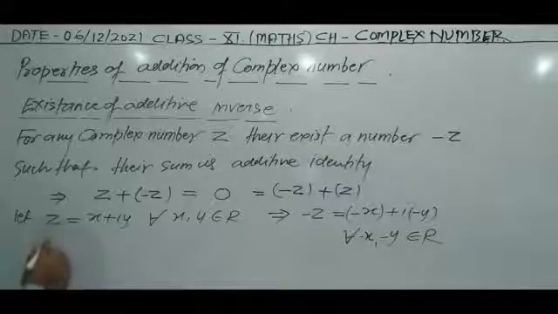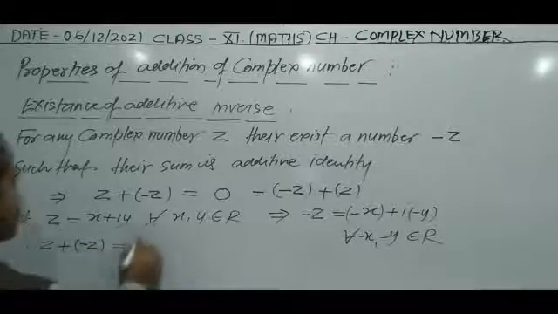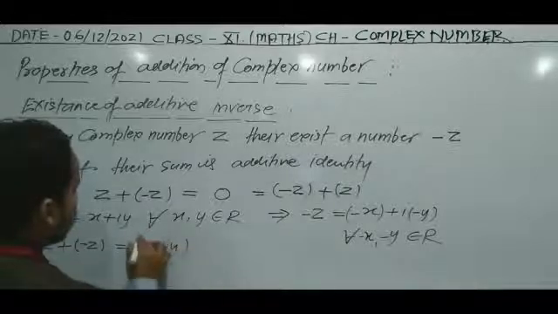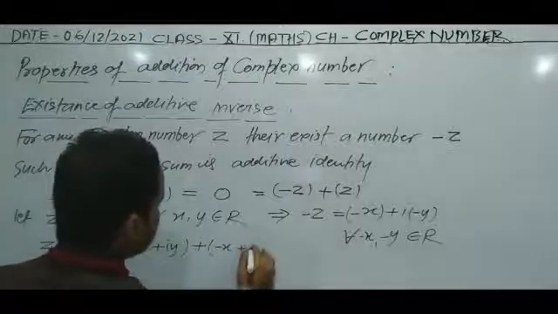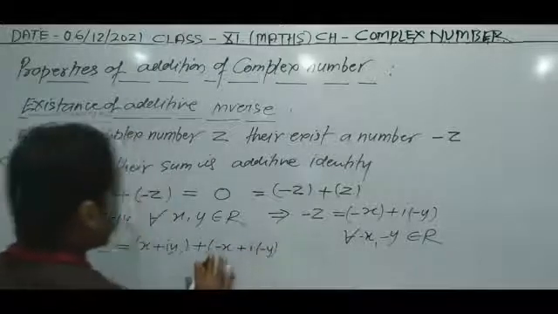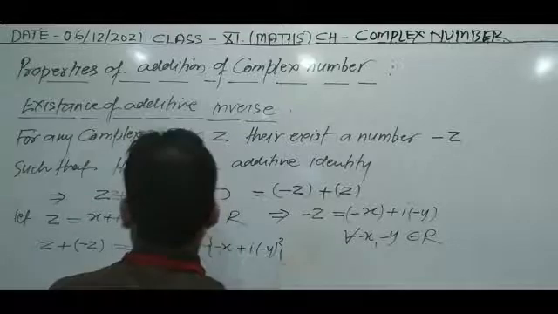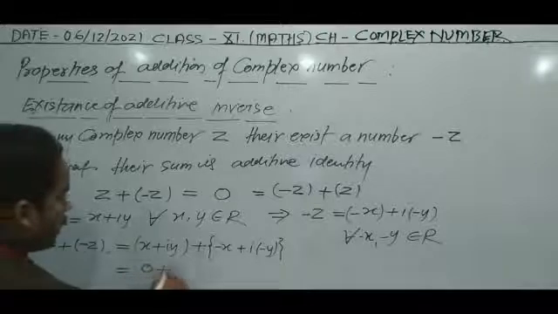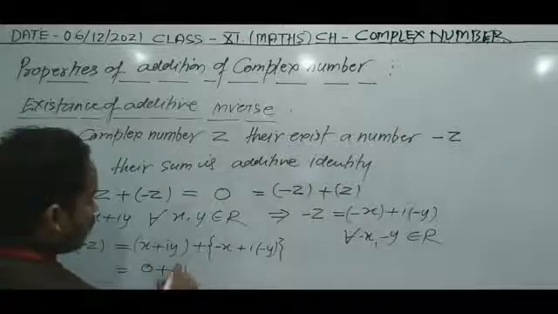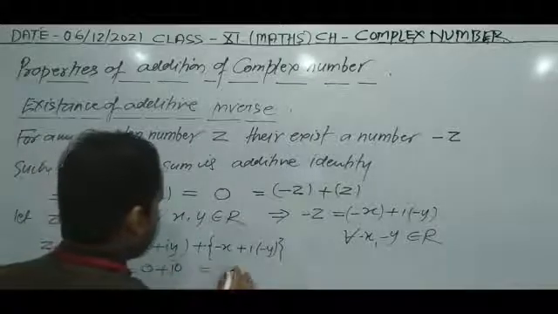So z plus minus z, what can we write? x plus iy plus minus x plus i times minus y. This implies we can write 0 plus 0i, and this result will be 0.